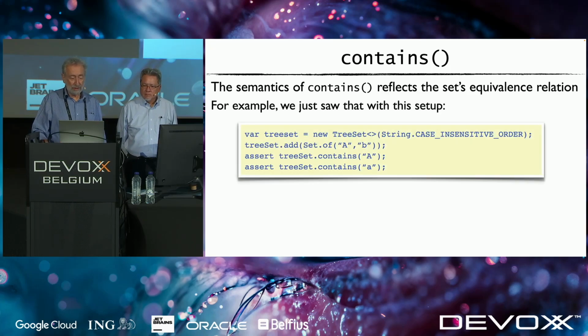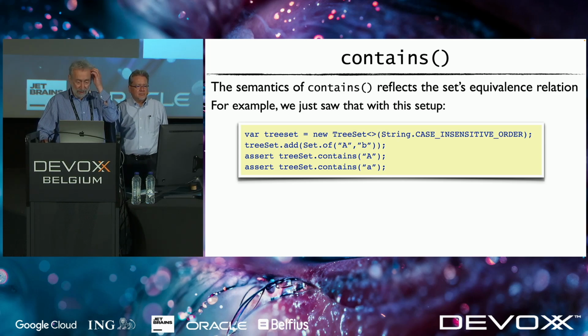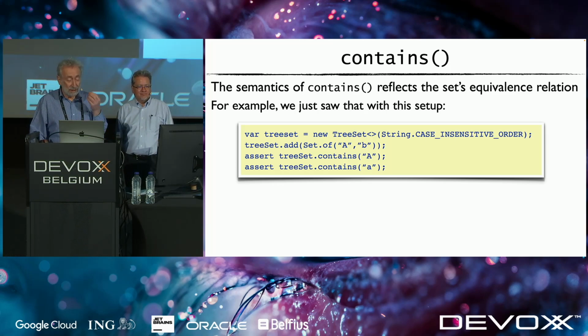For example, with the setup that we had there, we created a new tree set with a case-insensitive order. We added A and B to it, never mind the B, that's not important. We added a capital A to it, amongst other things. And then we asked, does it contain capital A? And it says yes. And we asked, does it contain lowercase a? And it says yes, because it's a case-insensitive order.